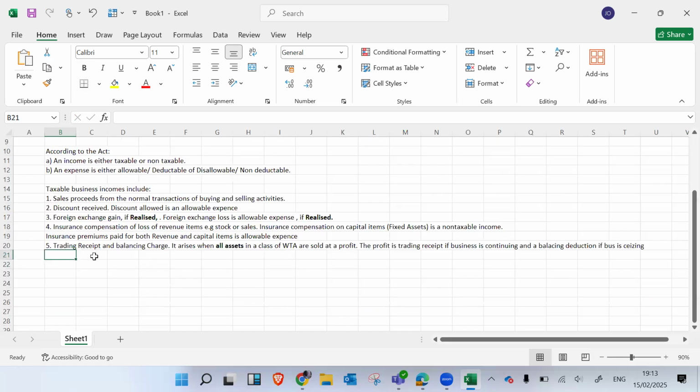Then under the same, what if we sell those assets at a loss?